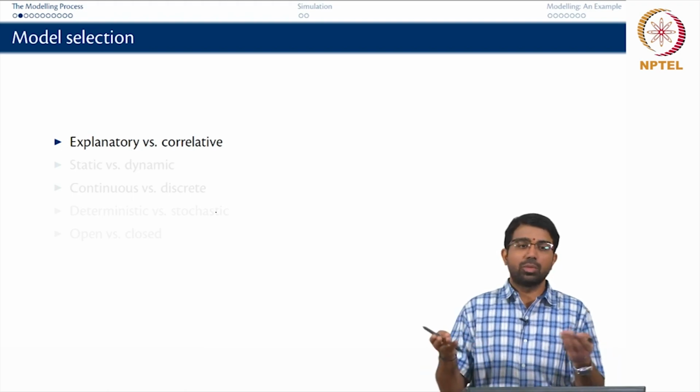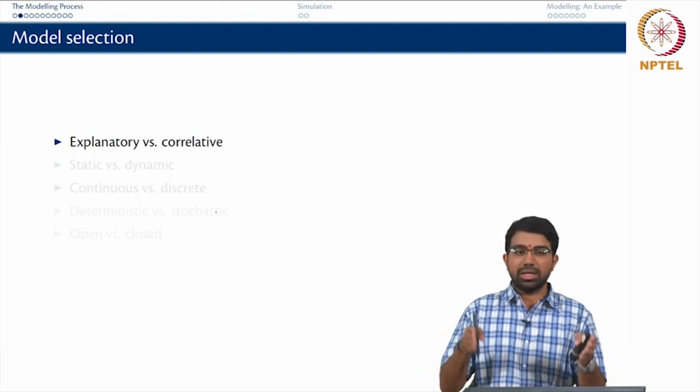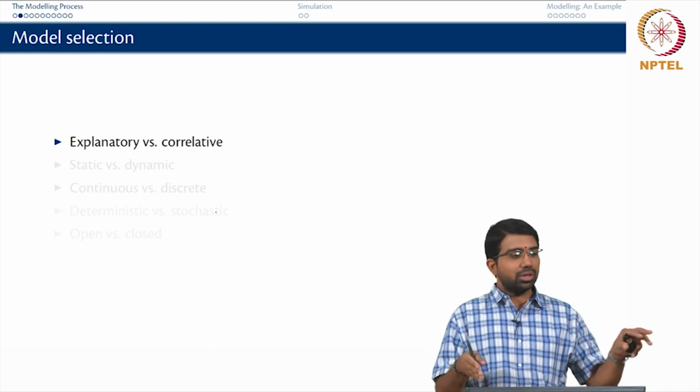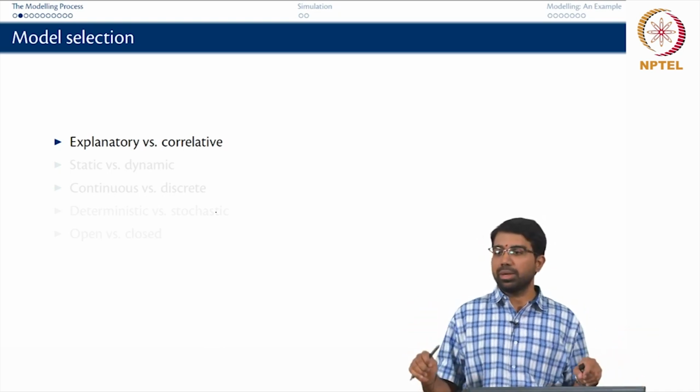So, typically if you built a machine learning model, in many cases that might be a correlative model. I know that if these are the parameters, this would be my output.